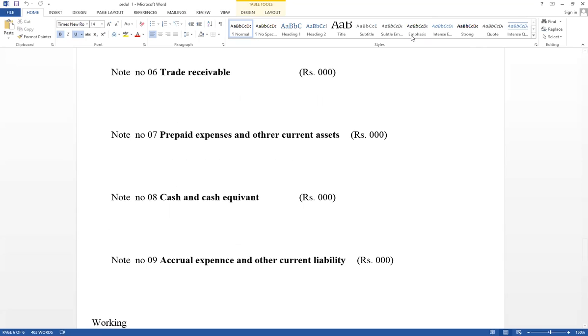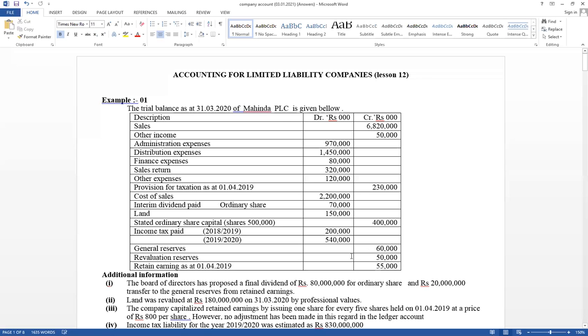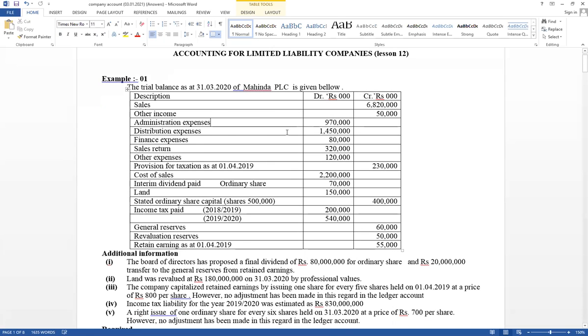Right, today I'm going to discuss how to prepare the income statement as well as the statement of changes in equity, and how to disclose rights issue, bonus issue, as well as dividends adjustment. Right, now see question number 1. I'm going to discuss how to prepare statement of profit and loss and other comprehensive income as well as statement of changes in equity. Those are the specific areas relevant for company.